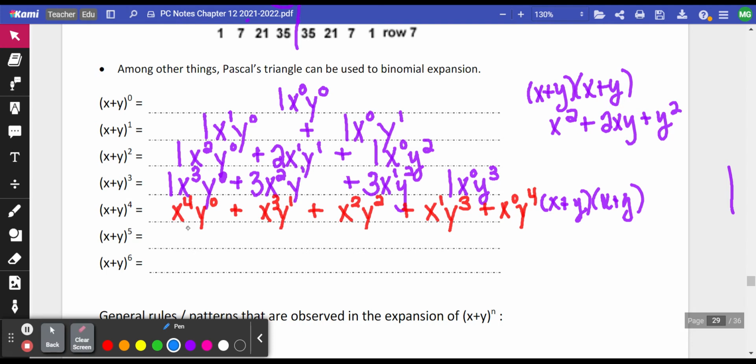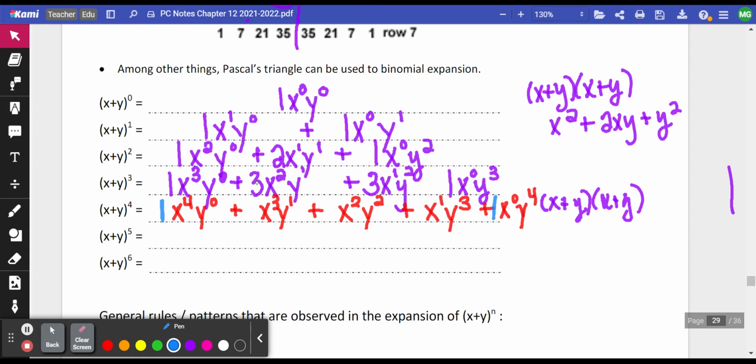Okay, so I've written out the powers of x here and the powers of y. So notice x to the fourth, to the third, squared, to the first, x to the 0. And then the y started at y to the 0, to the first, to the second, to the third, to the fourth. We know that we have a coefficient of 1 here, and we know that we have a coefficient of 1 here.